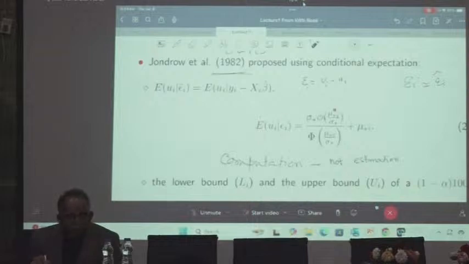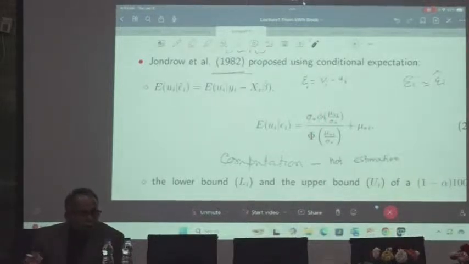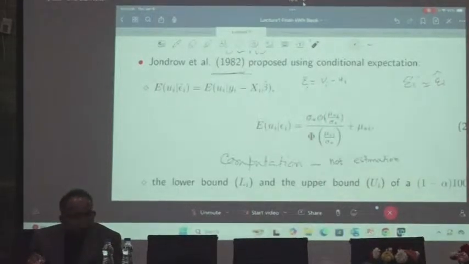Sigma star is a function of sigma u and sigma v, and this little phi and big phi. This little phi is the normal PDF, or probability density function, and big phi is the normal CDF, that is the cumulative distribution function. So these are some functions. This is the mathematical form of those things.